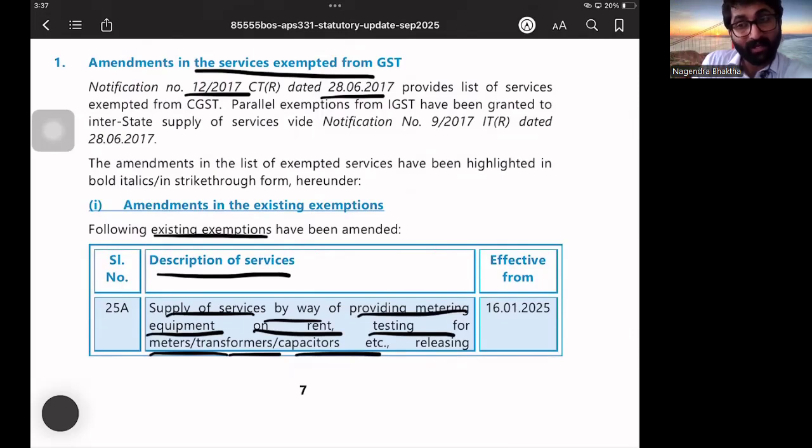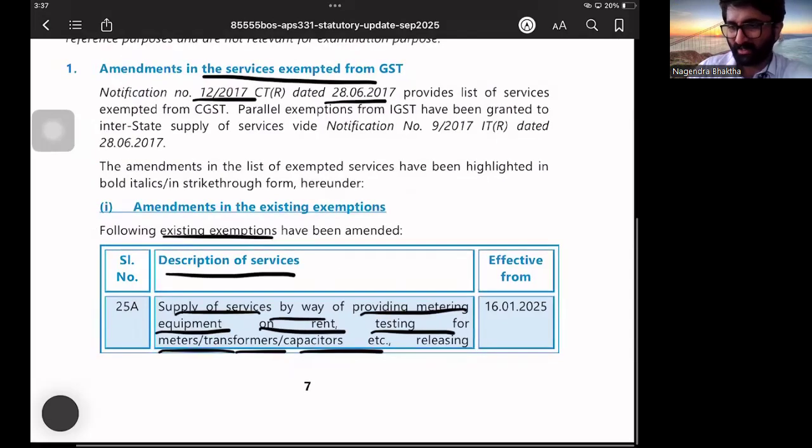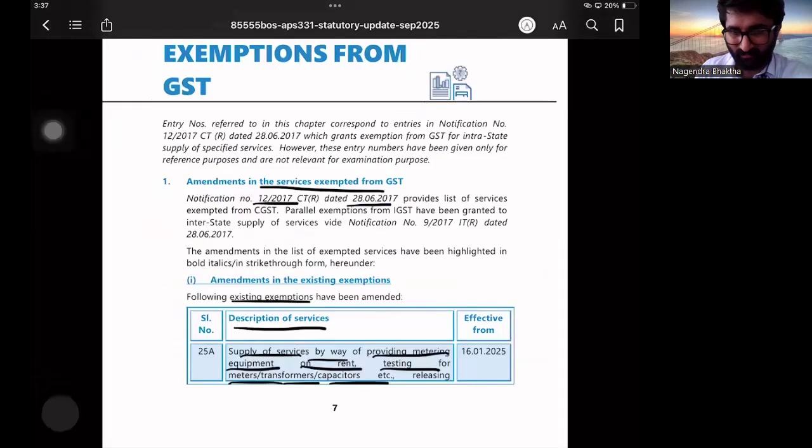These metering equipments are given on rent to them. They have to pay the rent. On that rent, that was exempt. That metering equipment rent is exempt.